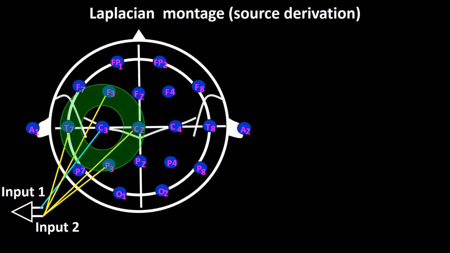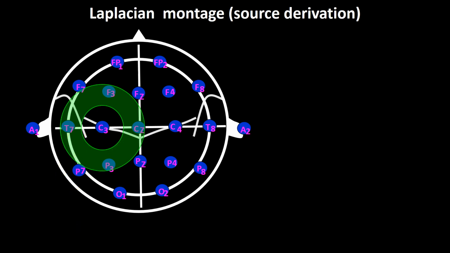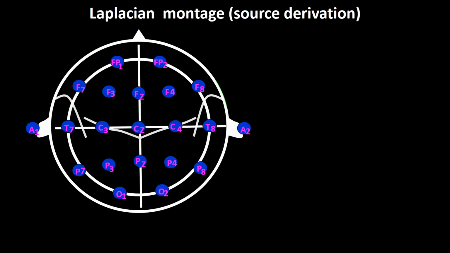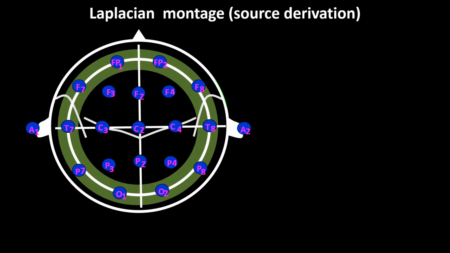Such a relation diminishes the influence of the surrounding potentials, here represented under the green circumference, which are at least in this case 4. An issue with the Laplacian montage arises with edge electrodes, which as you can see are quite a lot.